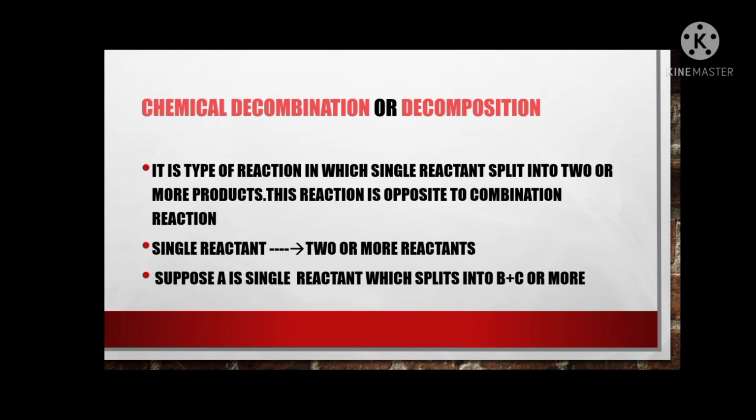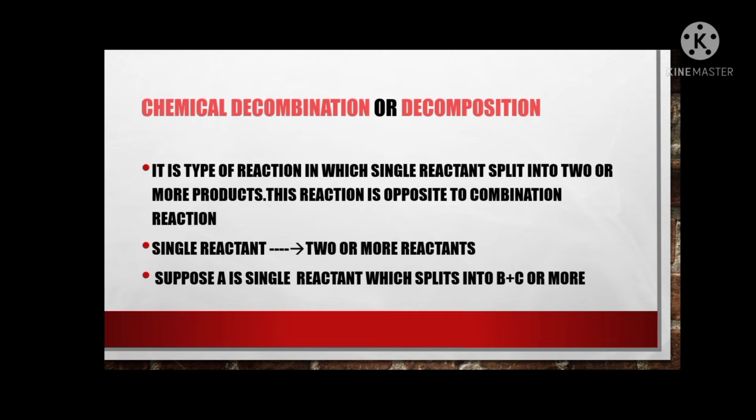The next type of chemical reaction is the decomposition reaction. It is a type of chemical reaction in which a single reactant splits up into two or more products. This is opposite to the combination reaction. And this decomposition reaction is an endothermic reaction. Why?